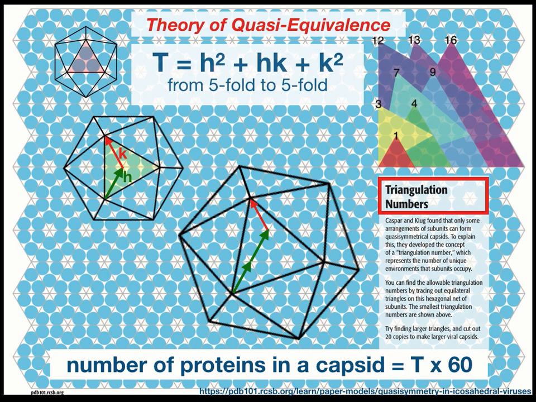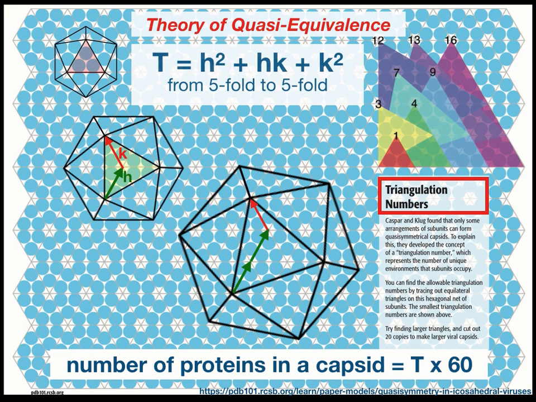So if we apply this formula, we can get that the T number is H squared plus HK plus K squared, so H would be 1, and K would be 1 as well, so 1 times 1 is 1, 1 times 1 is 1, plus 1 times 1, 1 plus 1 plus 1 would be 3.